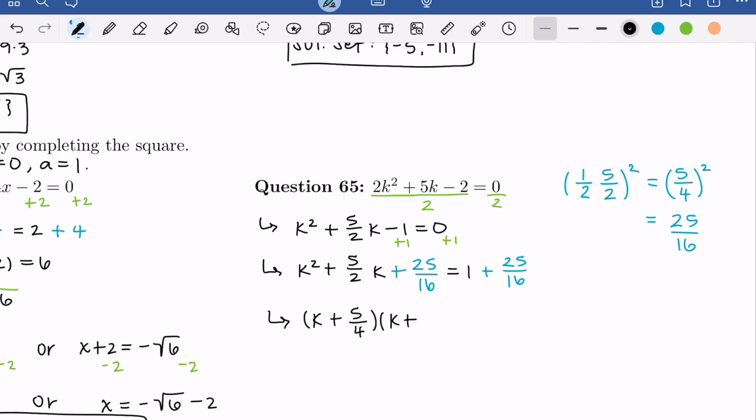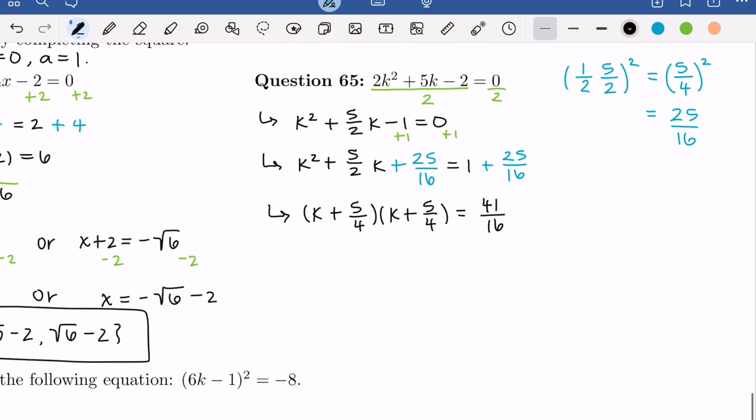So we're going to have k plus 5 over 4 times k plus 5 over 4. And then on the right-hand side, we're going to have 25 over 16 plus 1. So this would give us 41 over 16. All right, so this is the same thing as k plus 5 over 4 squared. So this tells me we can use our square root property here to solve for k.